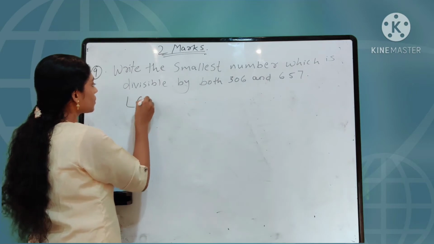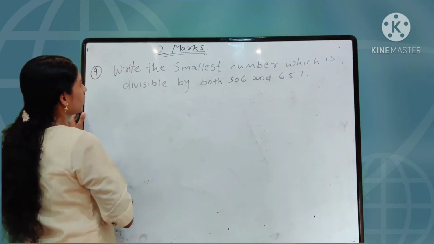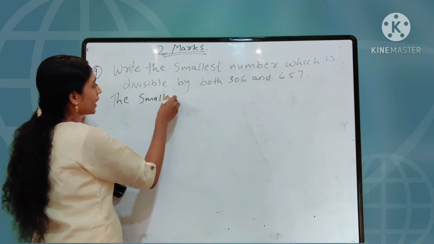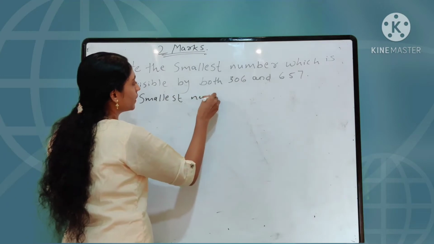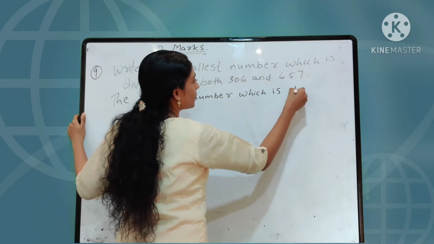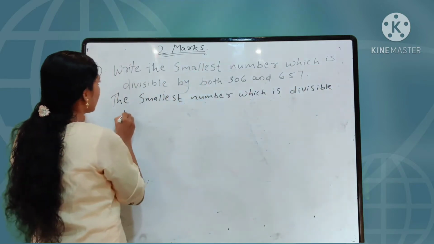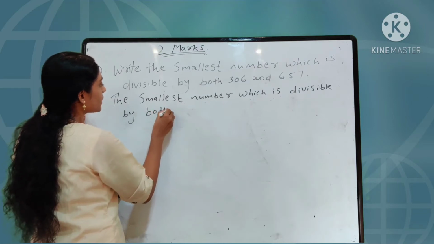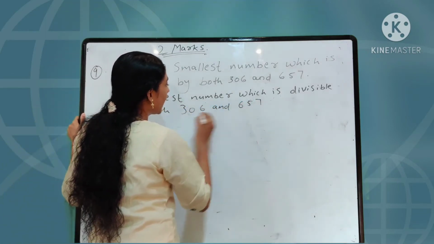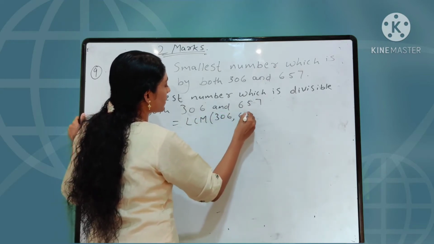You have to write step by step in the exam. So we can write: the smallest number which is divisible by both 306 and 657 is equal to the LCM of 306 and 657.